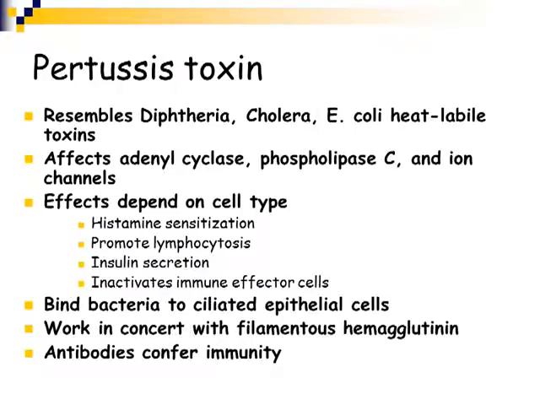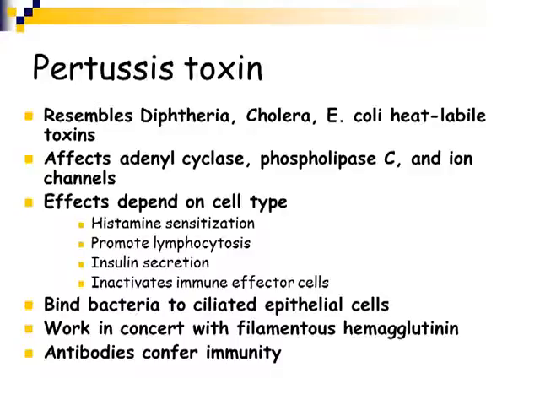Now, the pertussis toxin resembles the diphtheria, cholera, and the Escherichia coli heat labile toxins. It affects the adenyl cyclase, phospholipase C, and ion channels. And the effects of the toxin depend on the cell type.